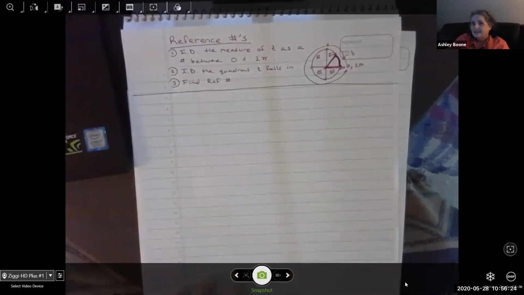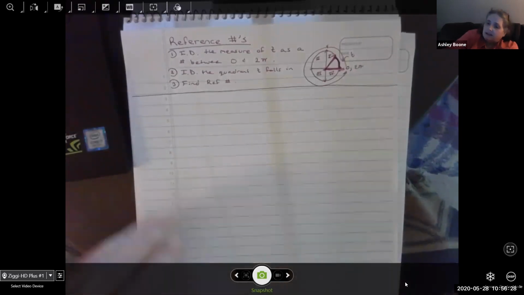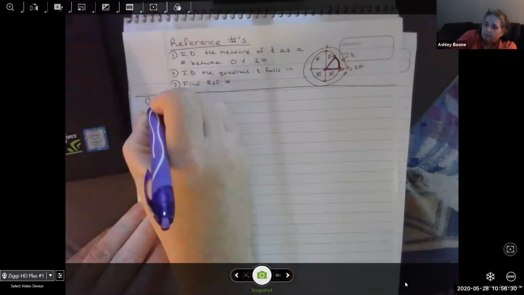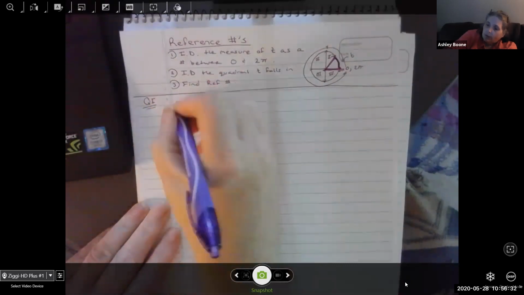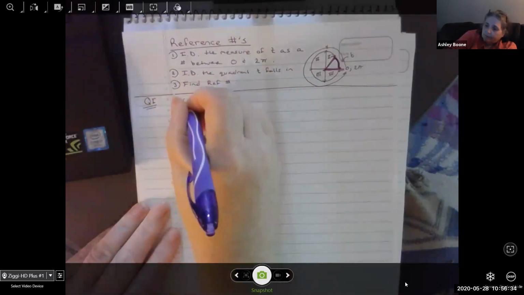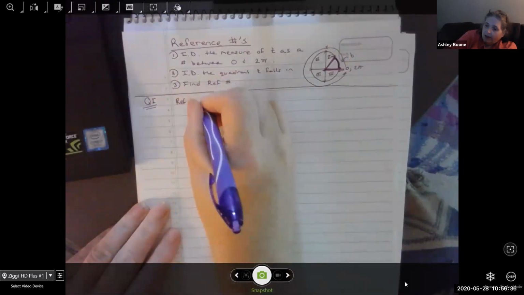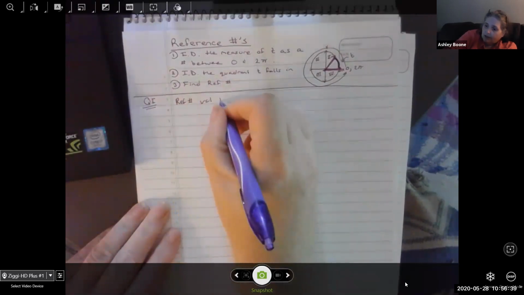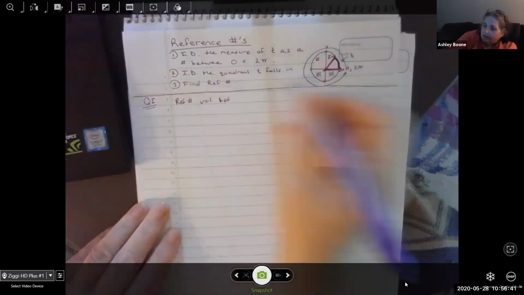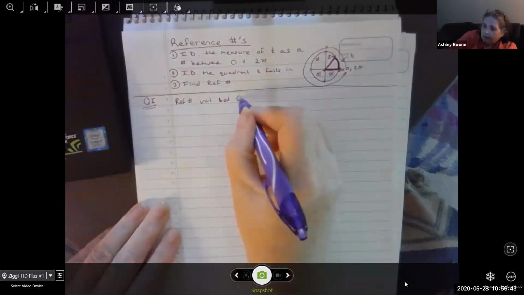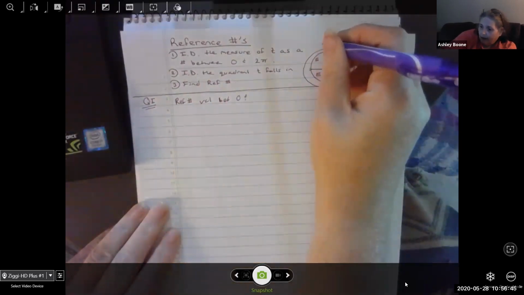So the easiest reference number is the one that's in quadrant 1. Because if you are in quadrant 1, your reference number is the value that's between 0 and pi over 2.